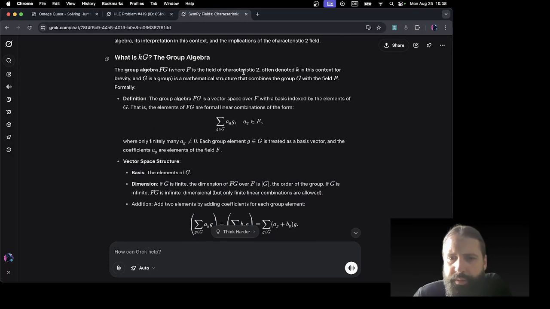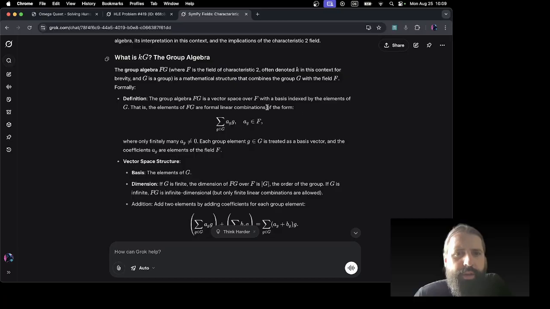The structure combines the group G with the field F as a vector space over F with a basis indexed by the elements of G. So G is taken as the basis of the algebra.